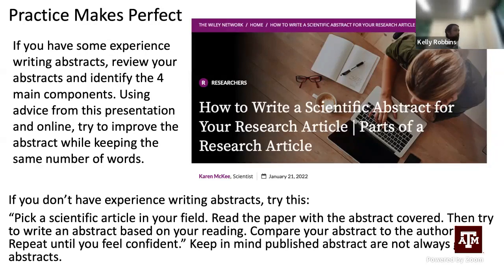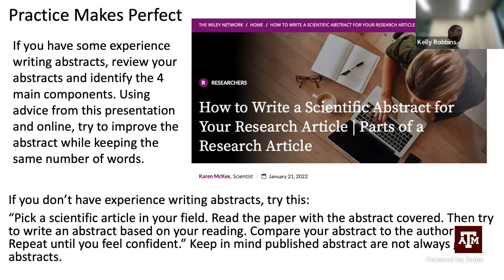Those things are important, right? But the added thing with an abstract is the skill of being able to convey a message very concisely. It's informative and representative of your paper, and that takes a lot of practice.